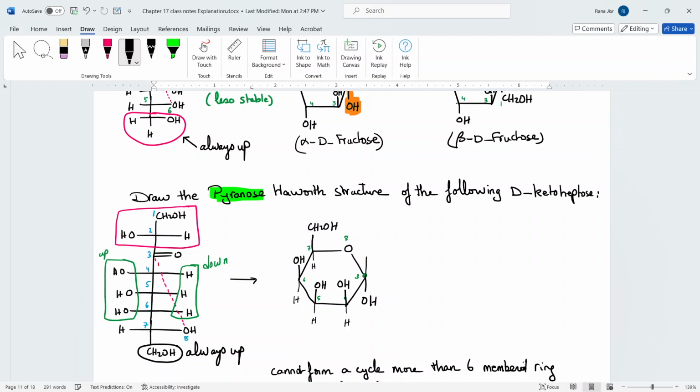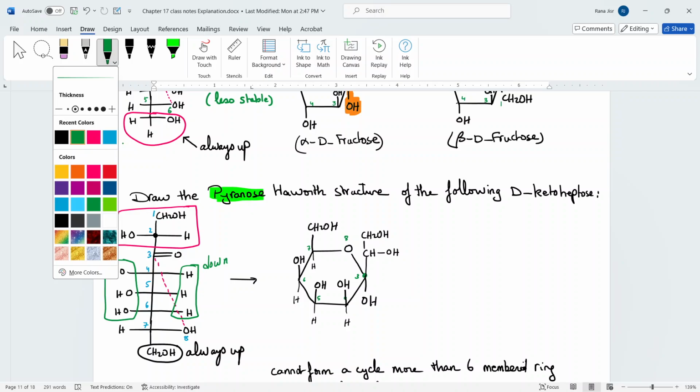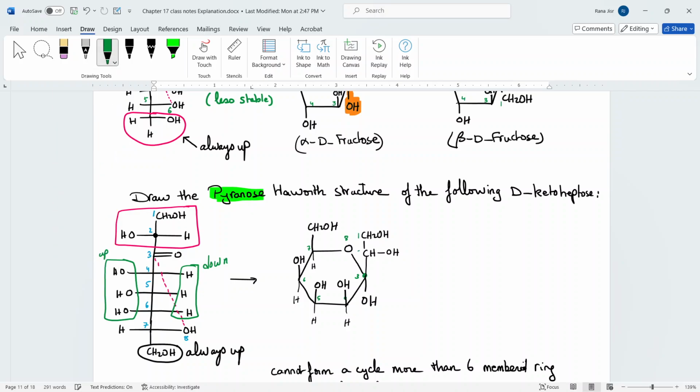The way that I would see it, I have a CH connected to an OH, and then the CH2OH. If you want to start the numbers, that is going to be carbon 1, that is carbon 2, and then you have your carbon 3, and then as you go.